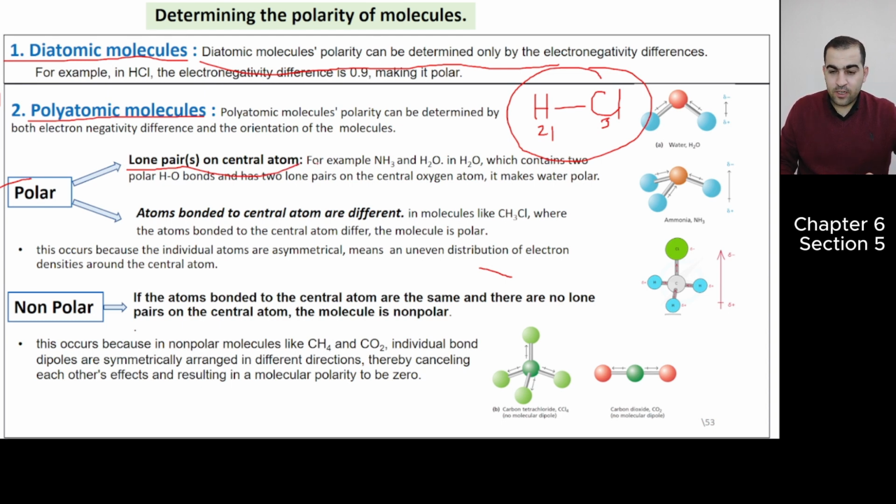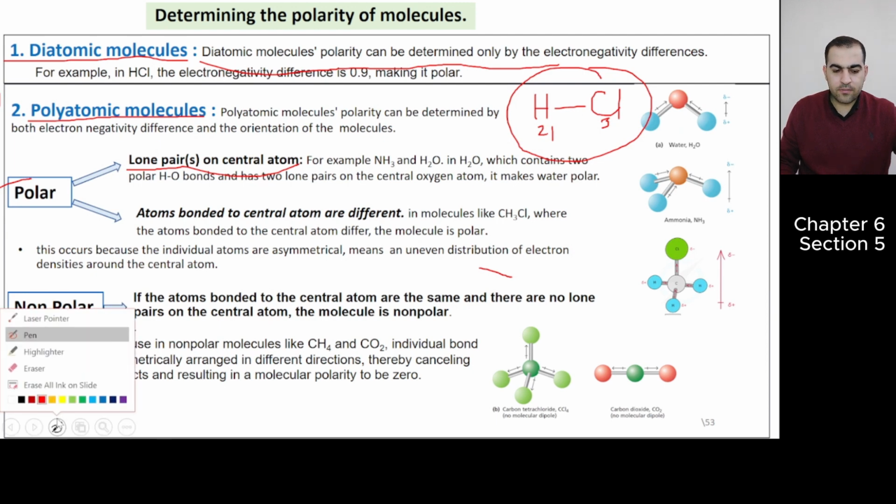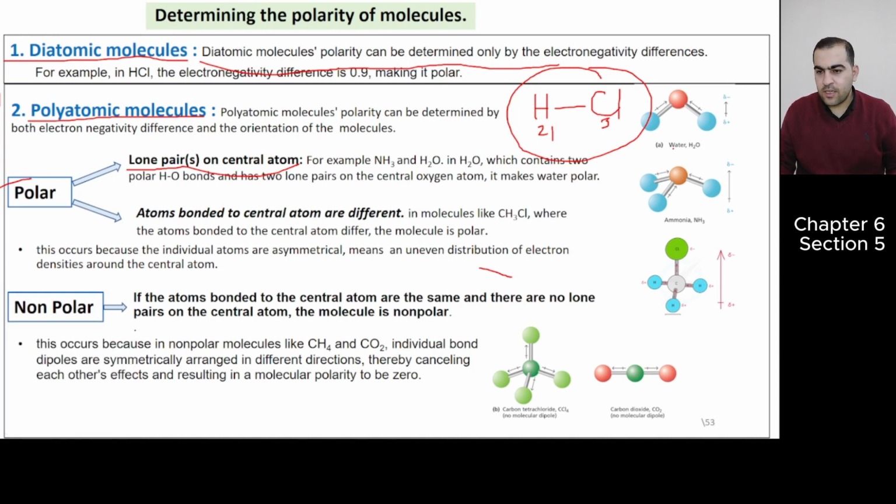If the central atom has lone pairs, like H2O, how many lone pairs does H2O have on the central atom? Two lone pairs, isn't it? Oxygen, hydrogen. The bond is polar, and the molecule is polar too. We represent the polarity of bonds with this sign.